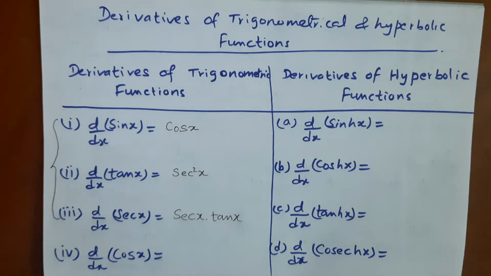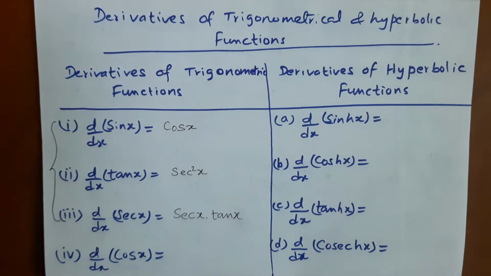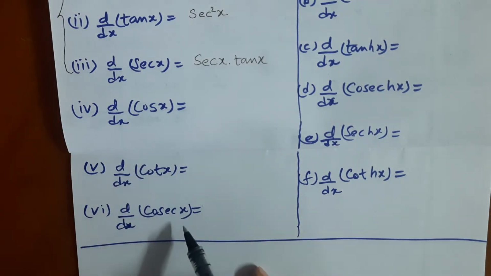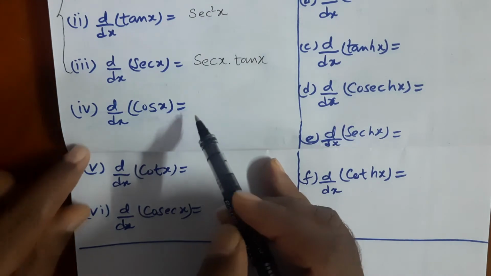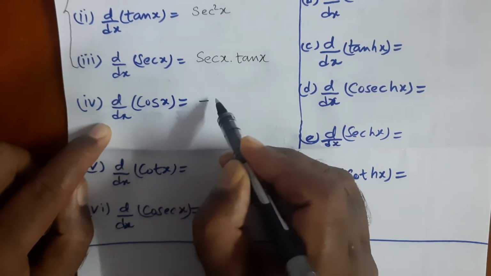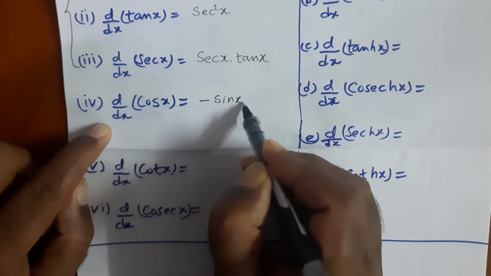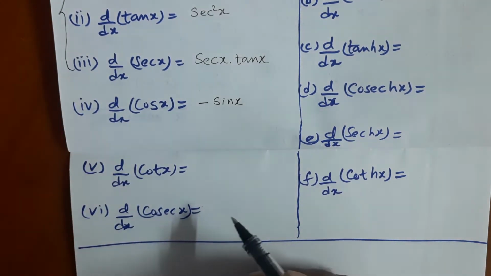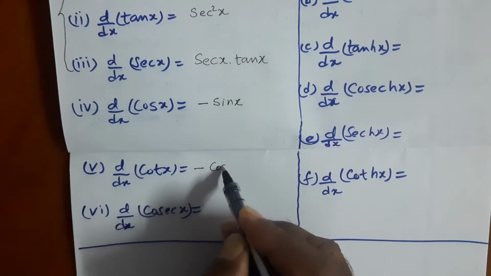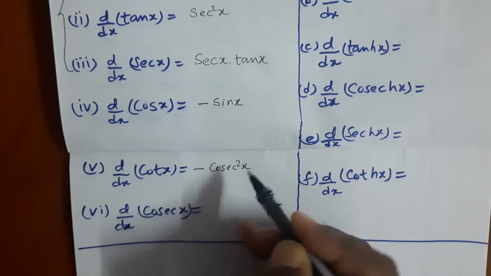Now, the derivatives of the trigonometrical functions which start with c, cos, cot and cosec, are negative. Look here: the derivative of cos x is minus sin x. The derivative of cot x is minus cosec square x.